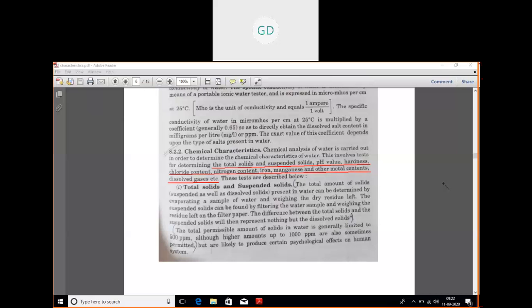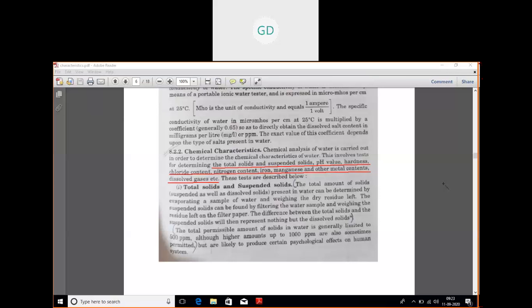When you take a water sample from anywhere and look at it very carefully under light or sunlight, you can see some small minute substances floating above the water. All those are your solids. You can say total solids or suspended solids also.